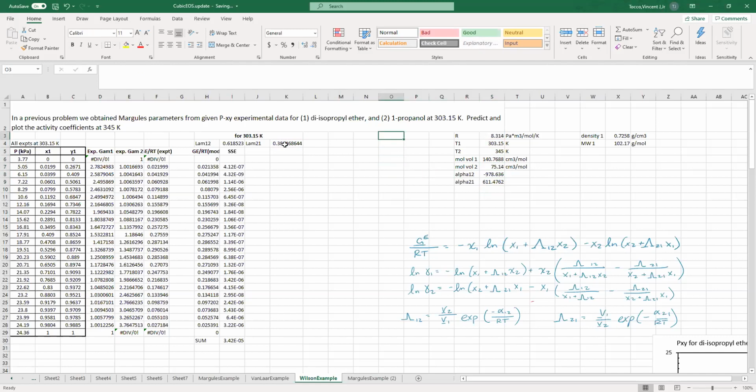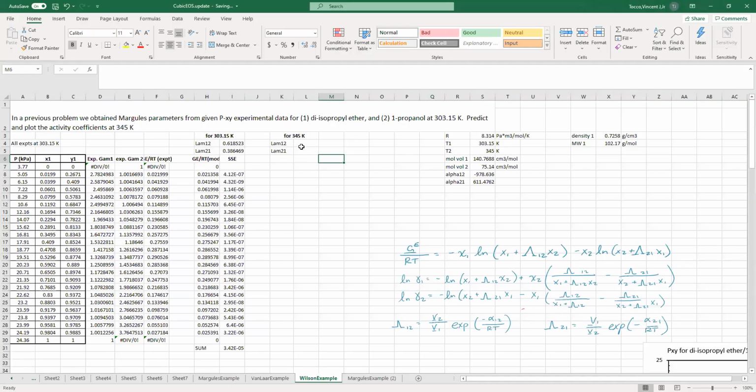I'm not sure if I made a mistake quite yet. Well, let's see how this goes. Let's do another table for lambda 1, 2 and lambda 2, 1. Hold on, I want to rearrange my sheet to make it make more sense. Okay, that layout looks better to me. Now I'm going to calculate lambda 1, 2 and lambda 2, 1 for the new temperature based on my values for alpha.